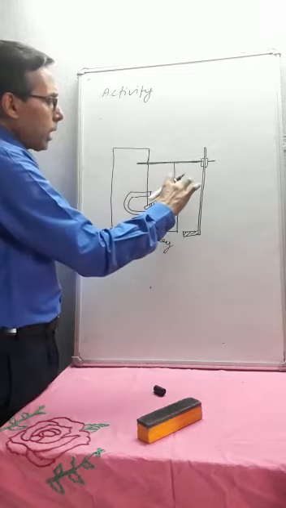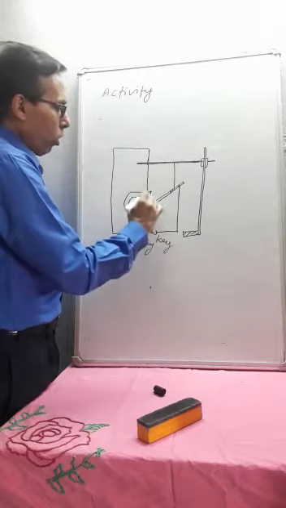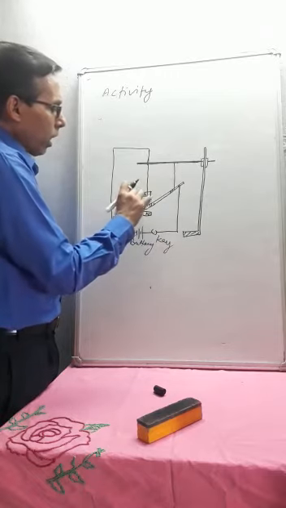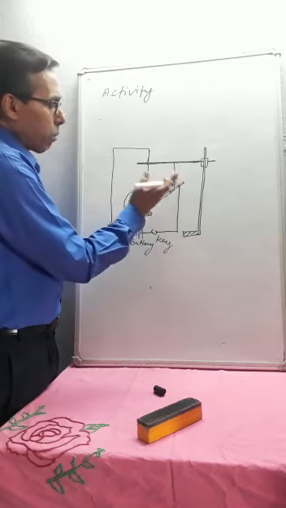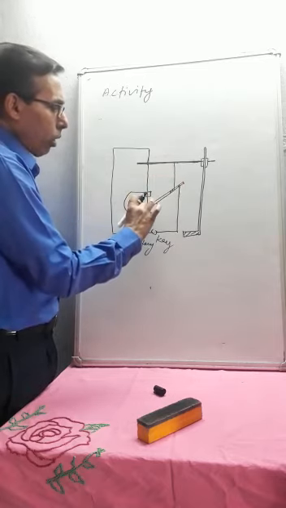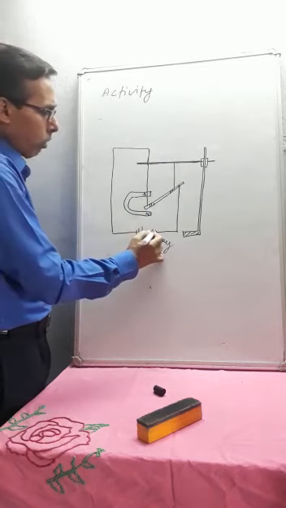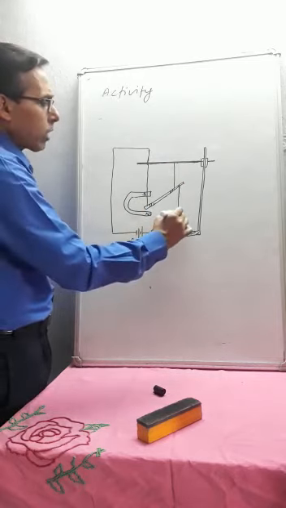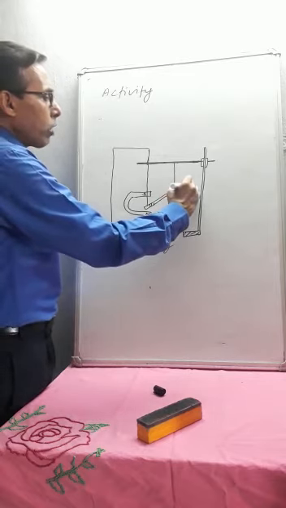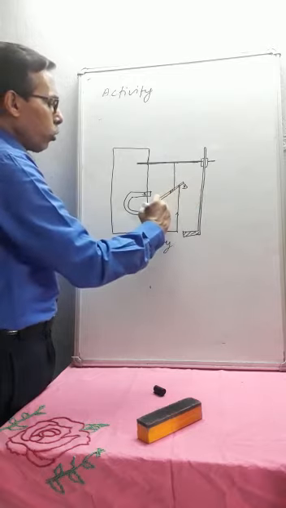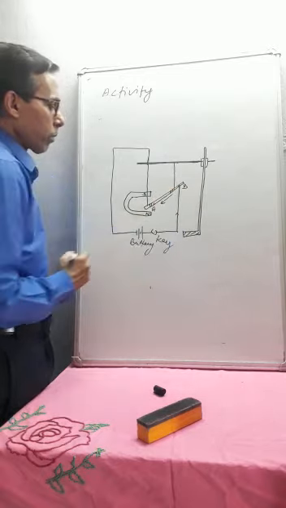So we place this aluminium rod between the north and south poles of a horseshoe magnet, in such a way that the aluminium rod is perpendicular to the direction of magnetic field. Now as we switch on, the direction of current which flows through the aluminium rod is from B to A.